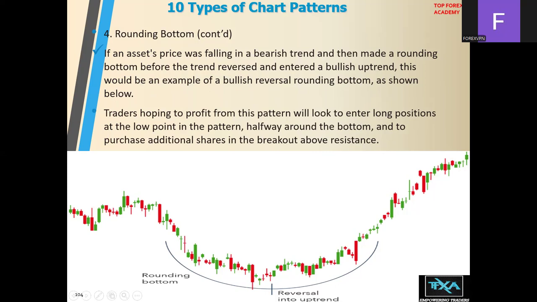Traders hoping to profit from this pattern will look to enter a long position at the low point in the pattern, halfway round the bottom, and to purchase additional shares on the breakout above the resistance.